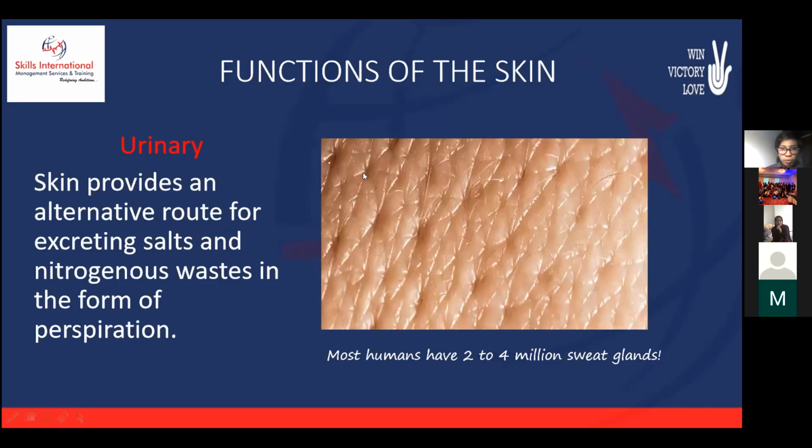So this is what your opening on the skin looks like kapag nag-zoom in. And you have 2 to 4 million sweat glands, which, dun sa previous slides, makikita natin kung saan mas maraming percentage. So yung mga salt mo, it's considered as one of the byproducts or parang toxins. Your salt is your sodium.